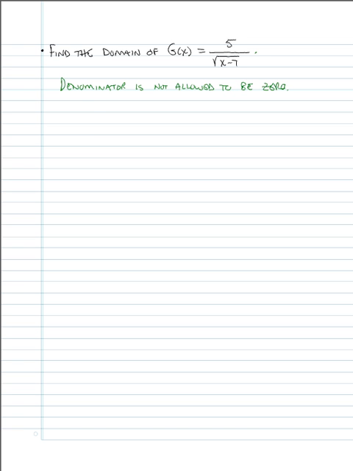Okay, well, the denominator is the square root of x minus 7. And the only way that's going to be 0 is if x itself is 7, because then we'd have the square root of 0. What we could do is say, well, when is x minus 7 equal to 0? And we could square both sides.